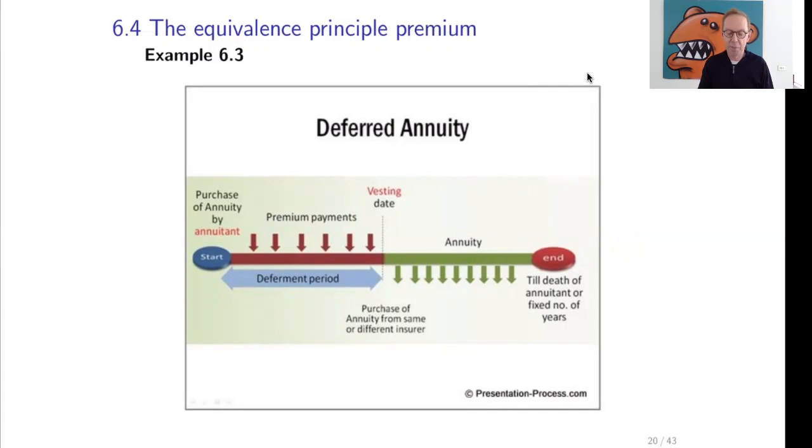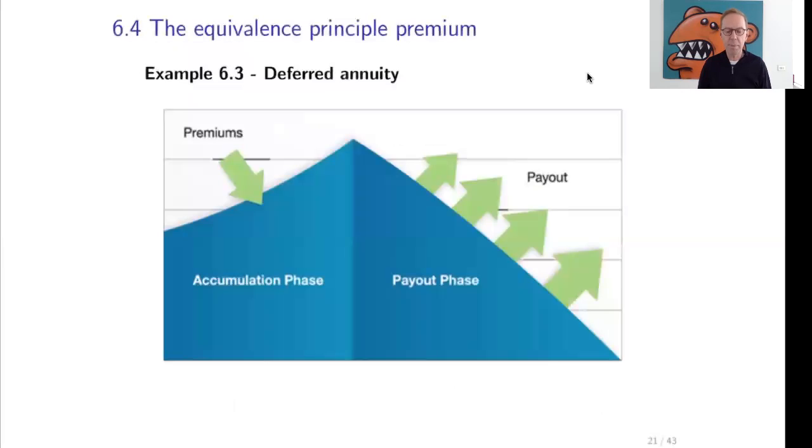And then from that moment on, the pension starts, and the savings account is not growing anymore, it's just decreasing from year to year because a pension amount is taken out from month to month. Or you can also illustrate that in another way.